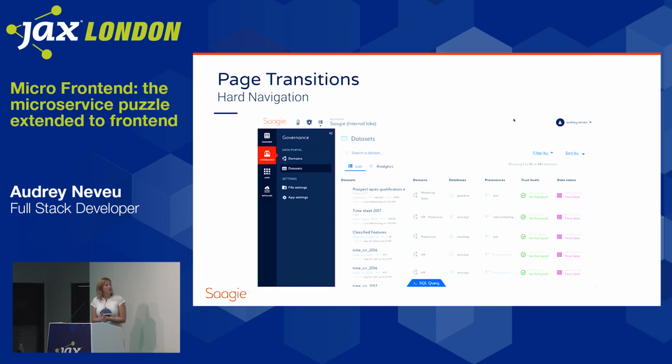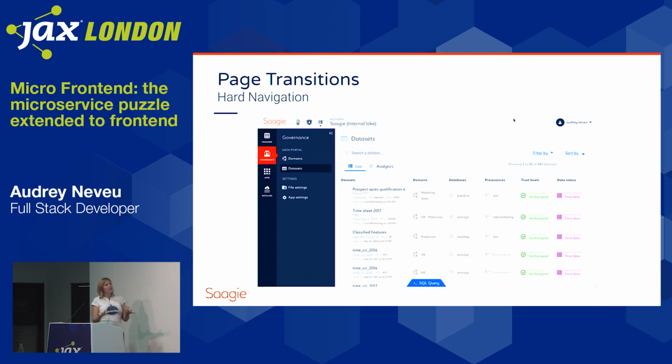Saagie's use case is not about aggregating components on the same page. There is no point from the business point of view to display governance and manager side by side. They are very big applications on their own that would be completely useless. They are not targeting the same kind of audience of users.